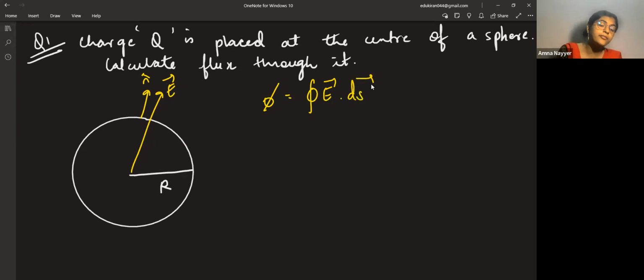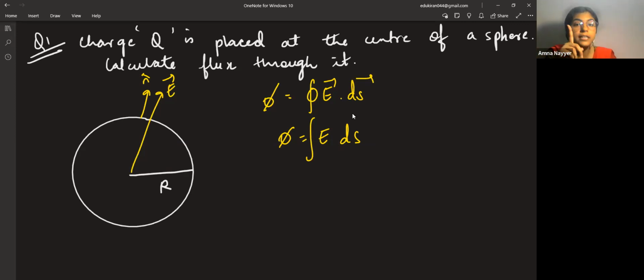Yesterday in the last class, I told you that whenever you are having a curved surface, we take ds. ds is an infinitesimally small surface area. Yes, that we take. Now, when we are integrating E dot ds, what surface area will you consider? This is what I was telling you just above, that you will consider the entire 4 pi r square surface.